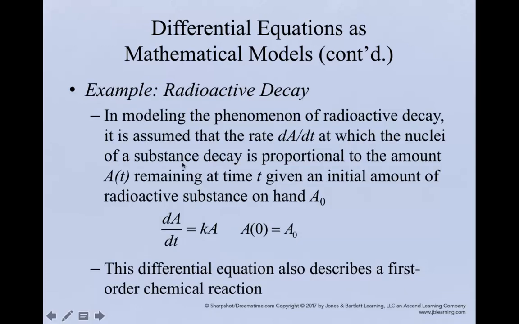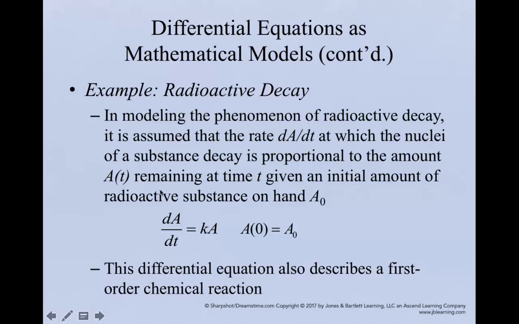Here's an example of a physical phenomenon in physics. It's called radioactive decay. In radioactive decay, we assume that there is a decay rate, dA/dt, and that decay rate is actually proportional to the amount of substance that's decaying that remains at a given time t.